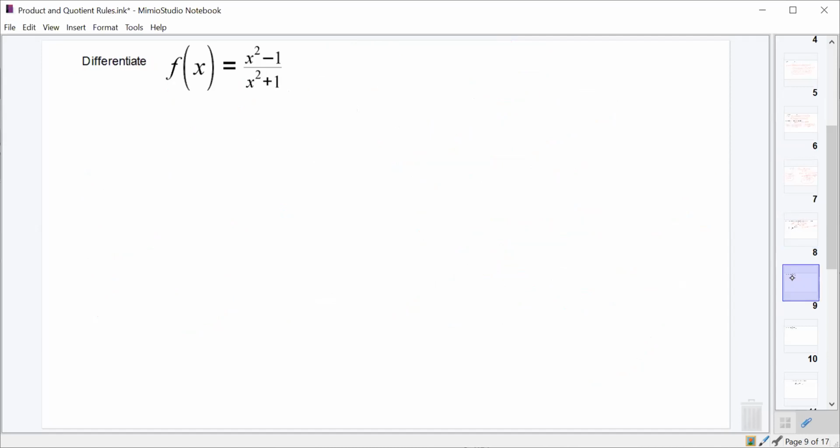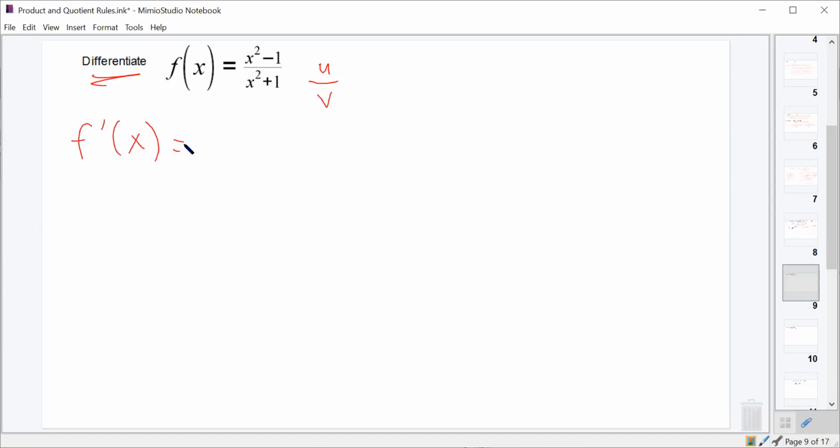All right. So we're going to use the quotient rule to differentiate this. When I say differentiate, that just means find the derivative. So if I tell you differentiate this function, that means find the derivative of this function. And using the quotient rule, because this is u divided by v, f prime of x equals, what does the quotient rule say?